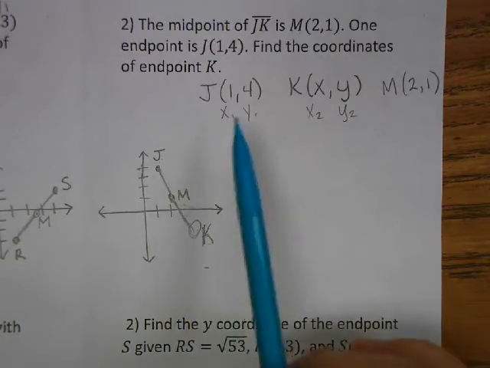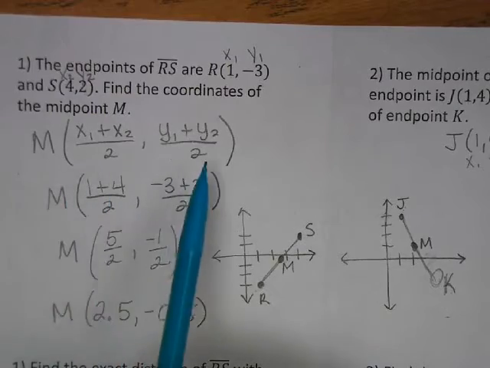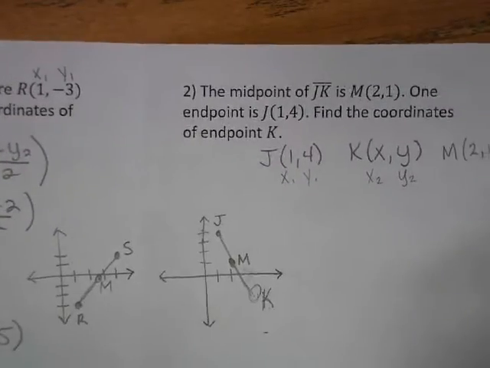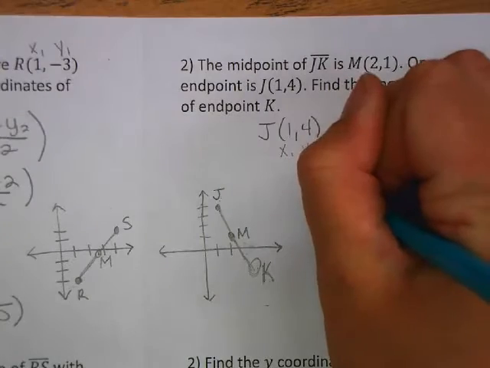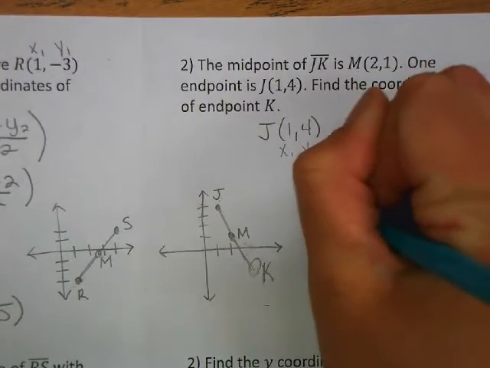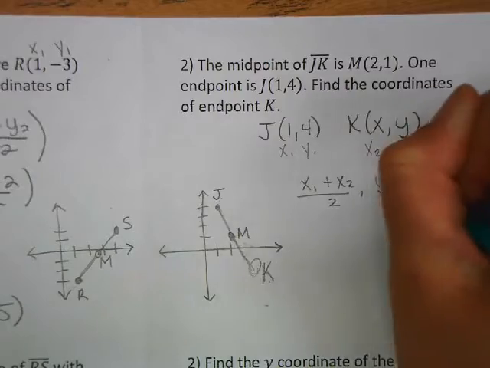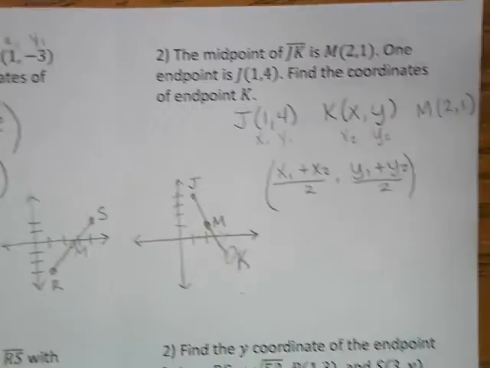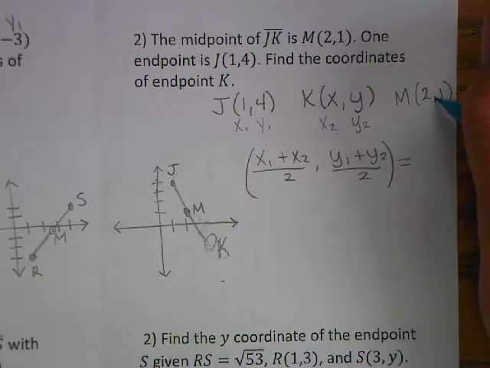So you would set it up. Remember, if you need your midpoint formula, you can. So you can easily say that the midpoint is x1 plus x2 divided by 2, y1 plus y2 divided by 2, and that's going to give you your midpoint, which we know has coordinates 2, 1.